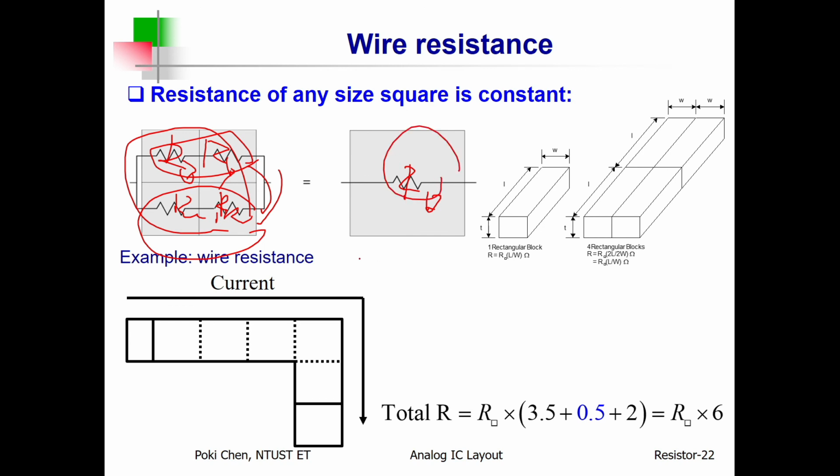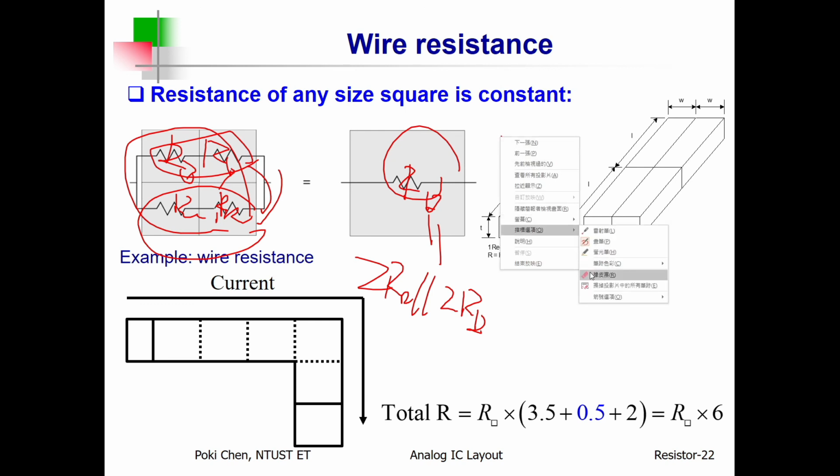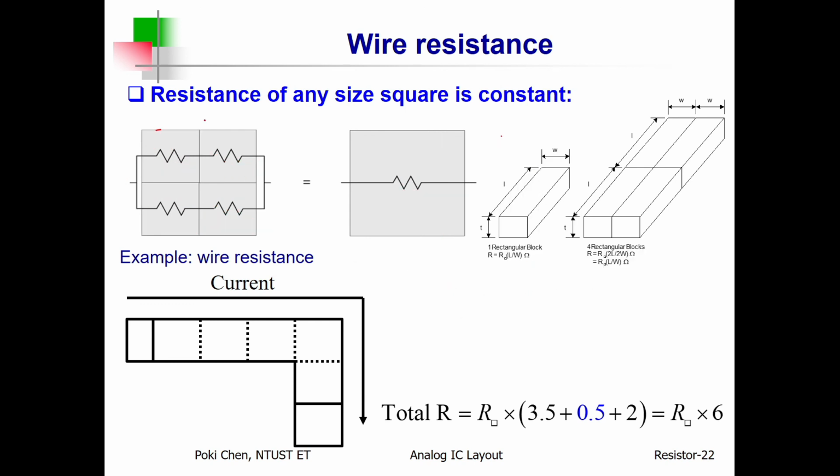You have 2 R square in parallel with the other 2 R square, and finally, you still get R square. It means what? In theory, never mind how large the layout is, just like 2 by 2, you have 4 times larger layout area, but the ideal resistance is still the same. I mean, for the 4 times larger one, you still have the same R square.